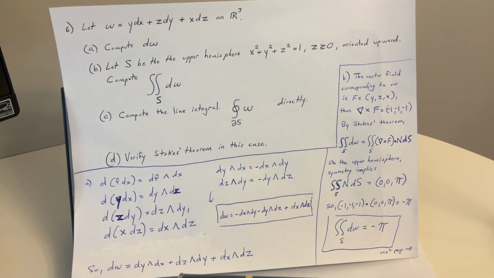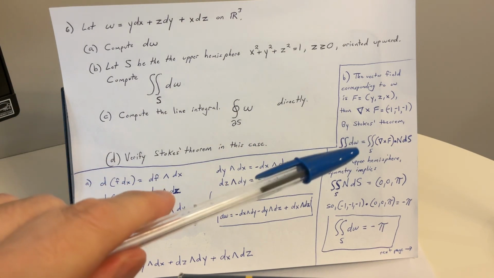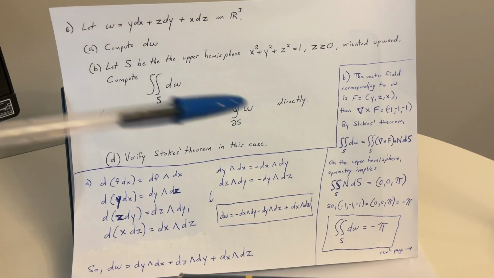And by Stokes' theorem, we could say this integral along the dw surface equals that cross product dotted with N dS. So this is Stokes' theorem, calculus 3, vector calculus, shows up again in differential geometry, shows up in physics a lot.